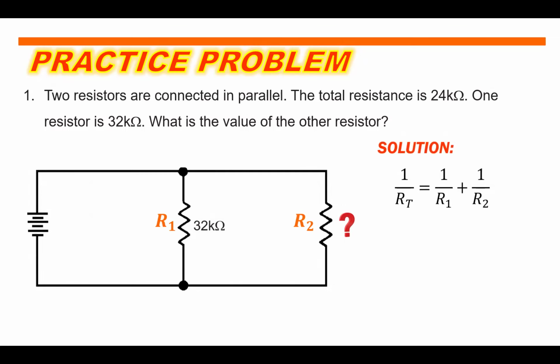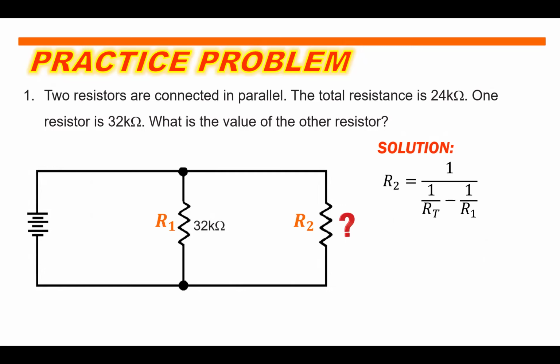So for our solution, for the total resistance, rearranging our equation to solve for the value of R sub 2, that is the reciprocal of R sub 2 is equals to the reciprocal of total resistance minus the reciprocal of R sub 1. So rearranging our equation to get the value of R sub 2, that is equals to 1 all over 1 over R sub t minus 1 over R sub 1.